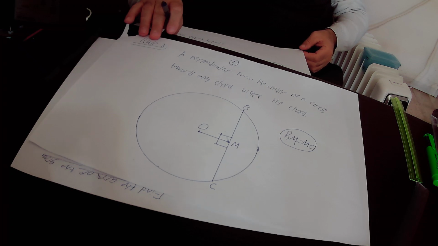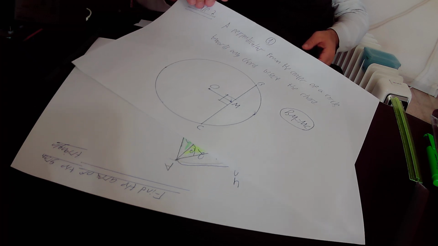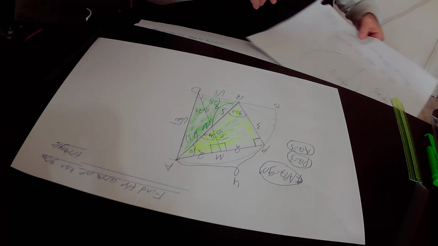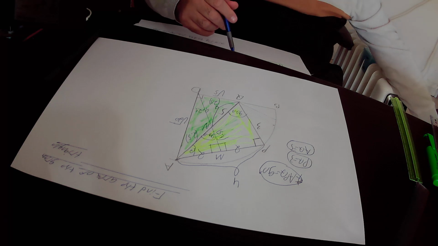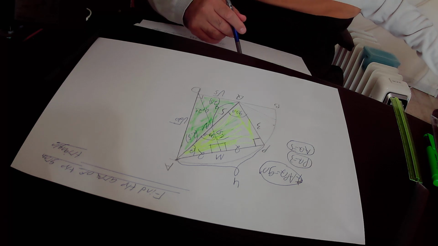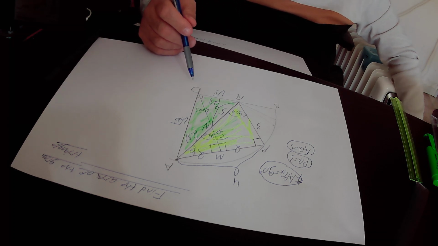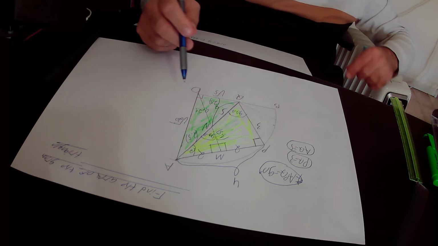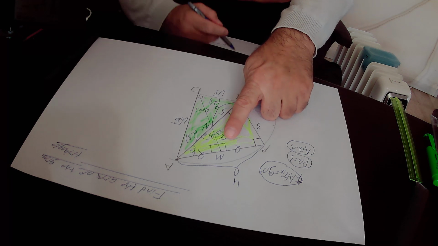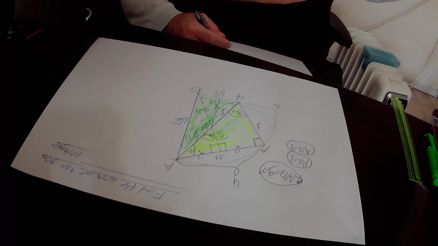Now we implement rule number 2 in our drawing. Here from the center of the circle, that is to say from point O, we draw a perpendicular on chord AP. So this angle equals 90 degrees and this angle equals 90 degrees according to construction.